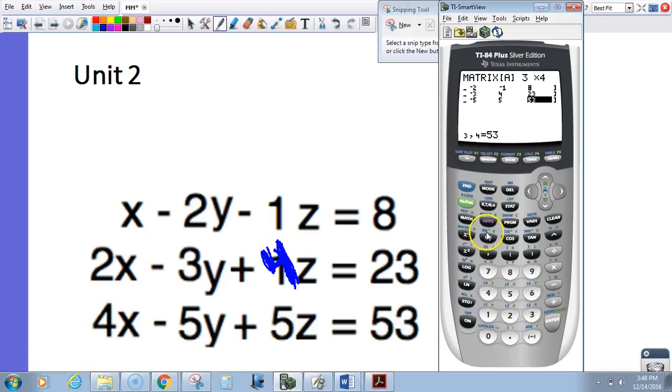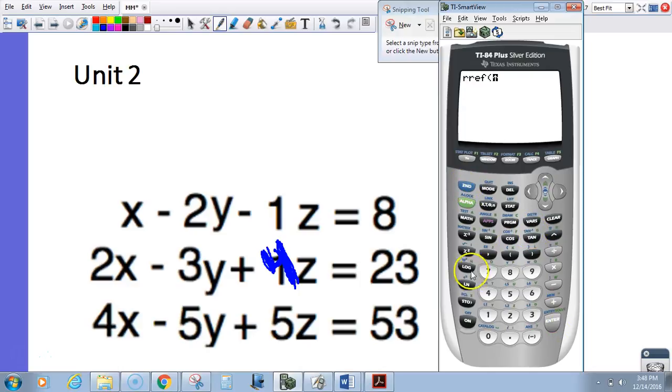Okay. Once you have all of your numbers in, you have to quit out. Then go back into the matrix. This time go over to math. And this time we go all the way down to RREF. It's B on this calculator here.